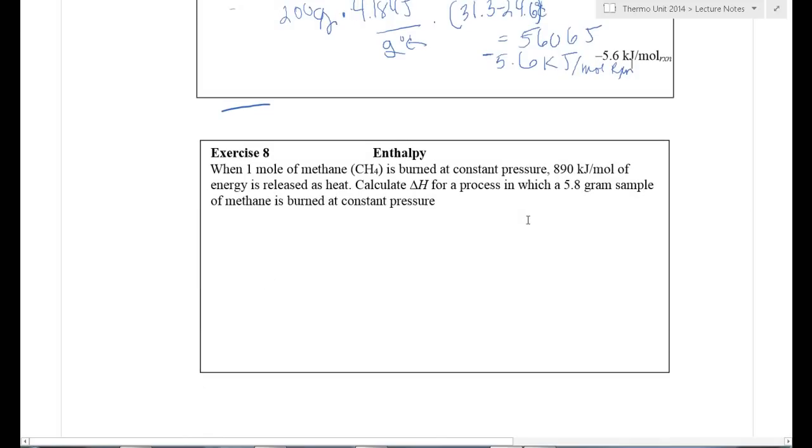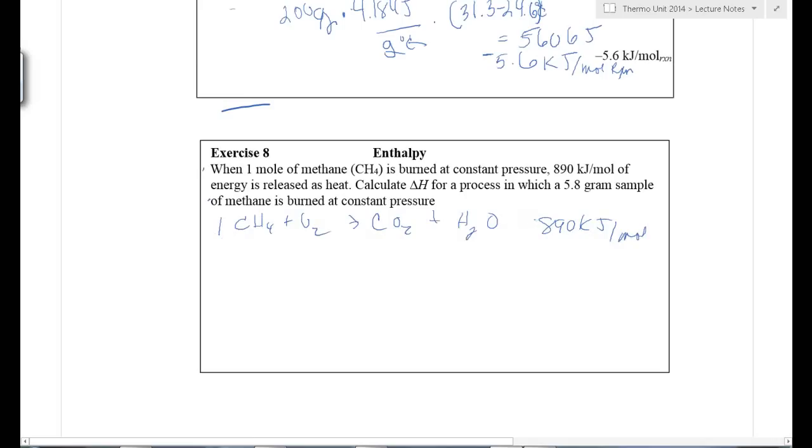Okay, so let's write the equation. I have methane plus oxygen giving me CO2 plus H2O. So regardless of what the stoich is here, what I know is 1 mole of methane is going to produce 890 kilojoules per mole of heat.